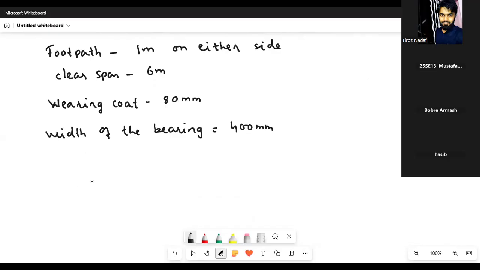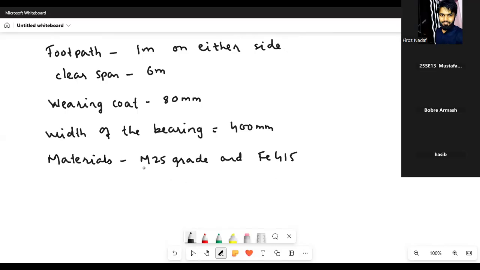That data is given in the problem. Materials: M25 grade concrete and Fe415 steel. These are the materials that you have to use in the design of bridges.